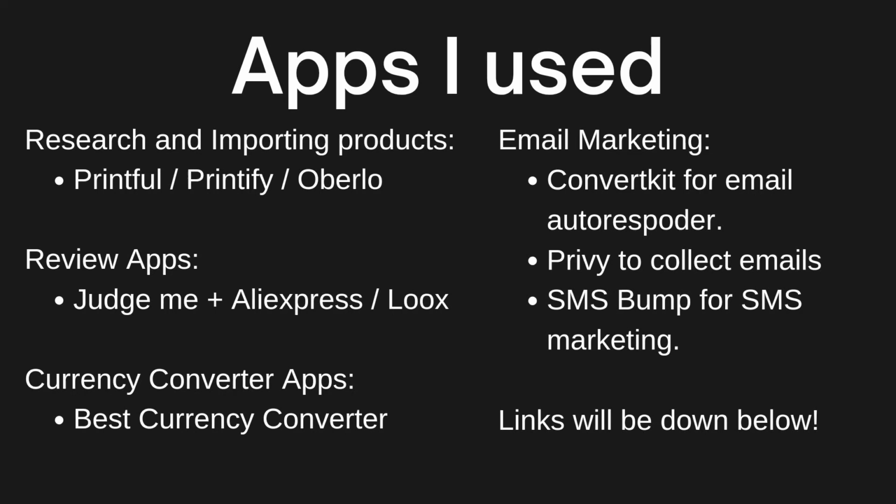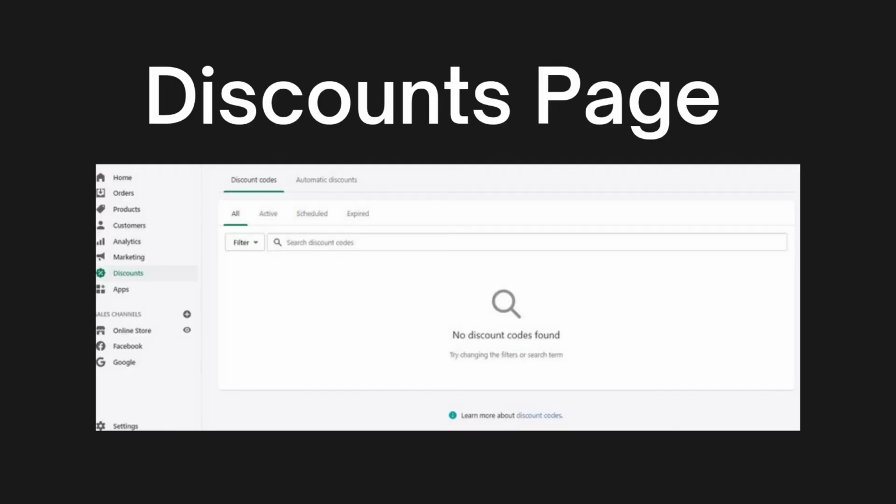For your currency converter apps, it's Best Currency Converter. It's really, really good. Email marketing is ConvertKit. For email autoresponders, Privy to collect emails, and SMS Bump for SMS marketing. So all these links will be down below if you want to find out more about them.